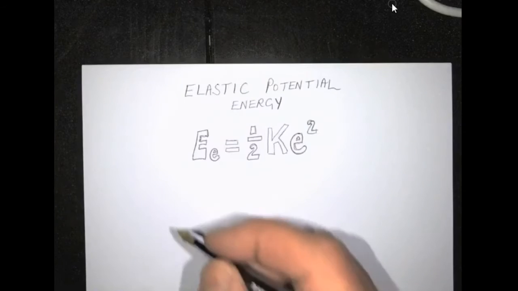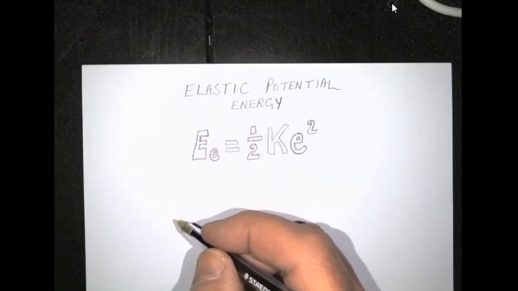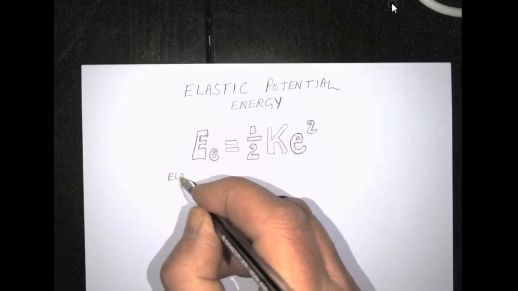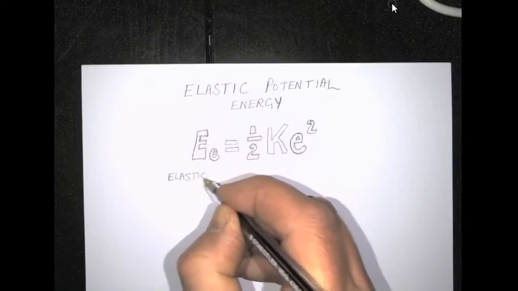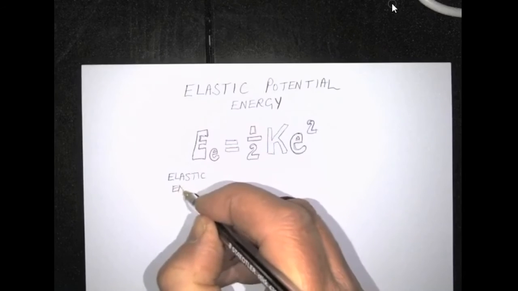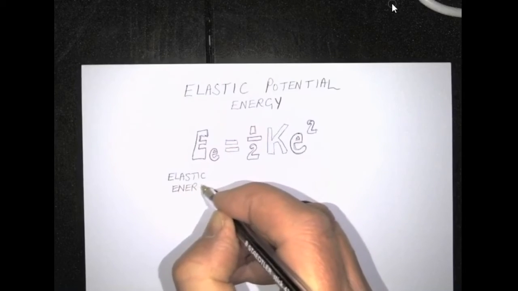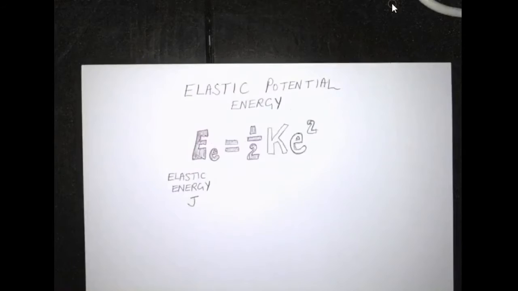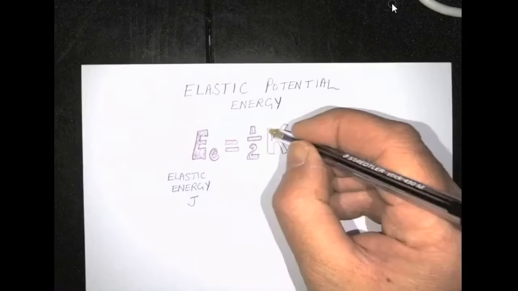Now E is elastic energy, which is measured in joules. k is the spring constant, which is measured in newtons per meter.